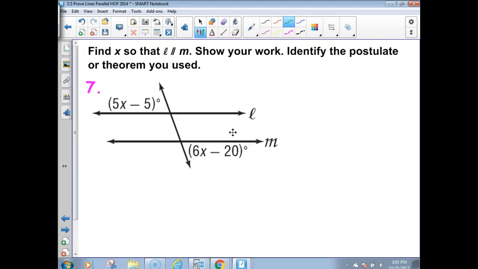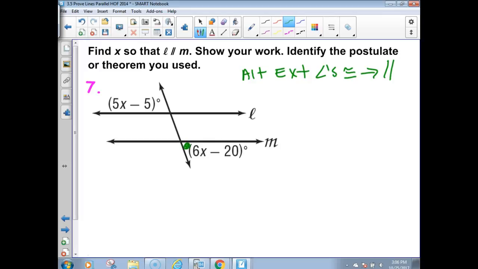Now, I'm so tired of hearing myself. I'd love to hear somebody else's voice tell me what kind of angles these are and what I should write for my theorem. Okay, Darylyn? Perfect. Alternate exterior angles congruent means you've got parallel lines. Great. And then what will we do?